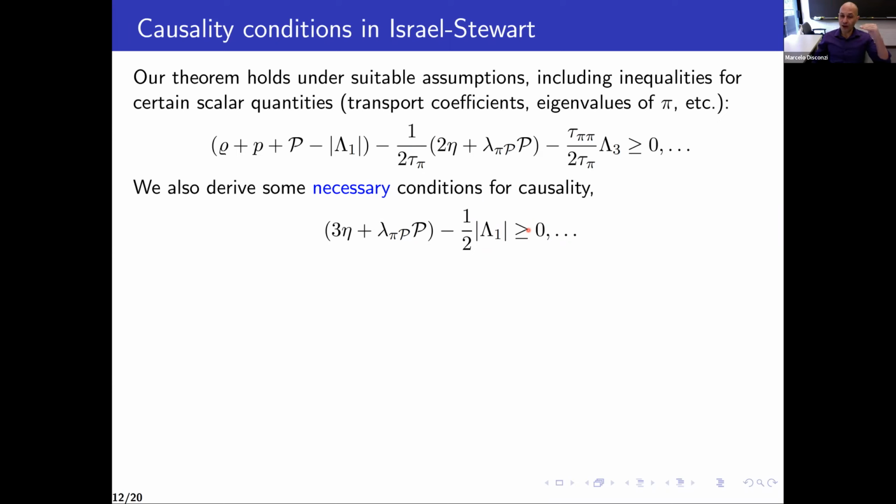Because once you have them, you can go back to the numerical simulations and simply test at each time step whether this condition is satisfied or not. And if it's not, that means your numerical simulation is running without causality, is not causal. So that's very important. These necessary conditions, from a practical point of view, are actually more important than sufficient conditions.